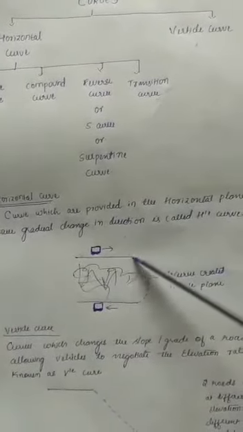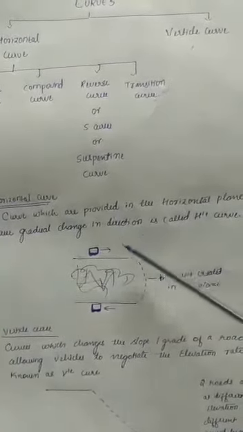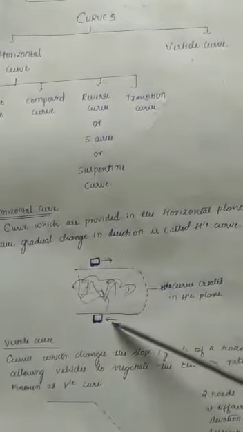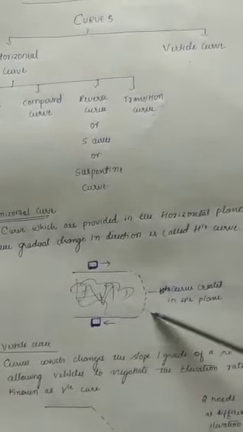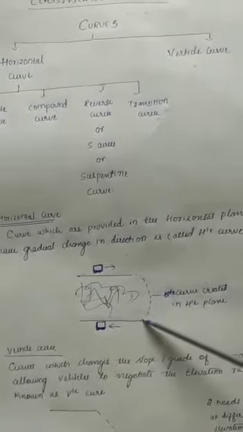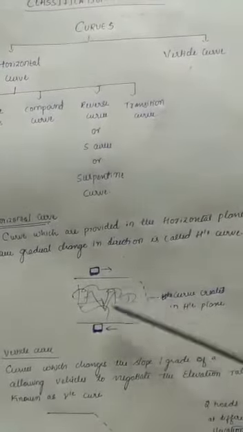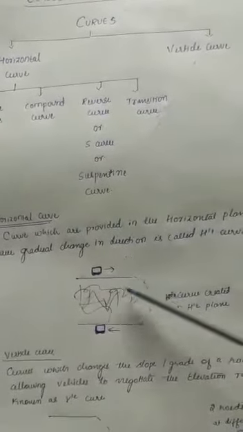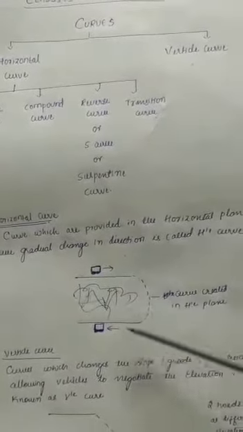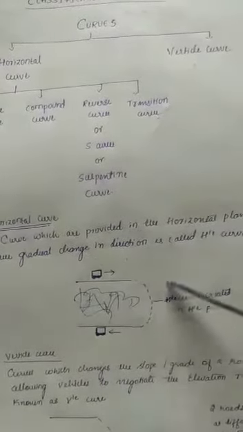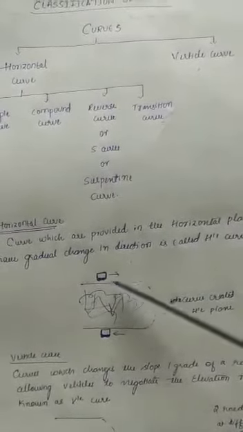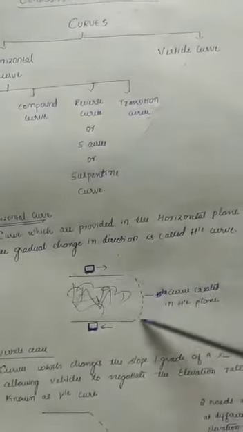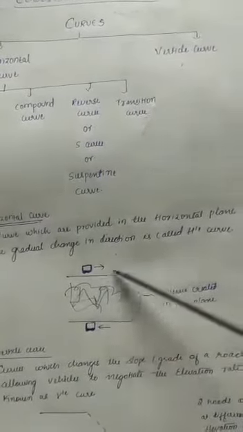So in order to maintain a smooth surface, smooth vehicle movement and proper vehicle speed, a curve has been created between these 2 pathways. That curve is nothing but known as a horizontal curve. If you consider this as a top view, you can easily see that this is a curve created in a horizontal pathway in order to connect these 2 pathways.